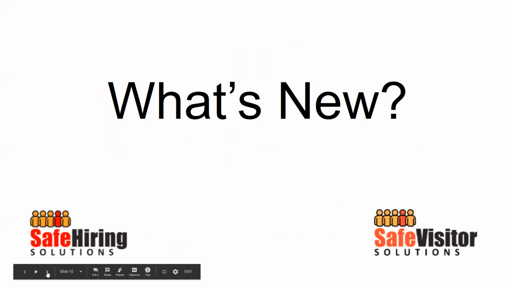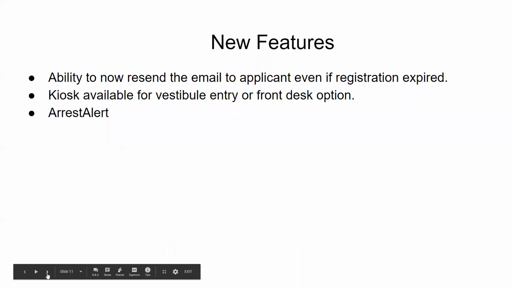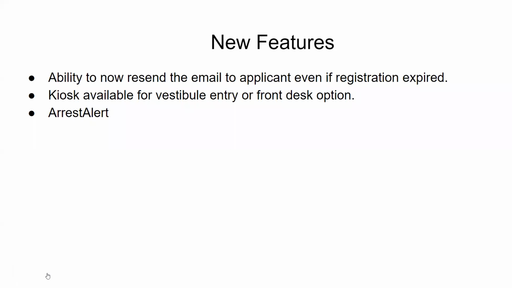What's new? We have some new things that will be launched at the beginning of the year. We'll cover those over the course of the next couple of months. Things that we currently have available to you, new features. We have the ability to now resend the email to the applicant even if the registration is expired.